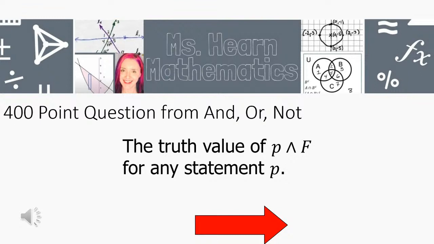Let's see, what do you think? Sonia says false. What about Naraya?